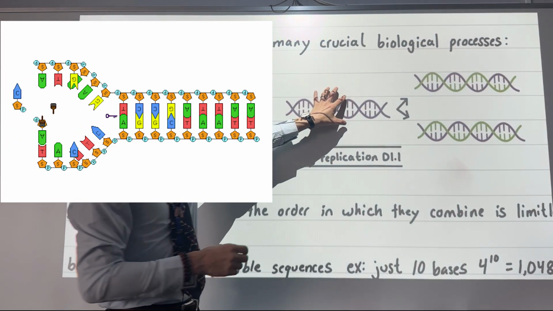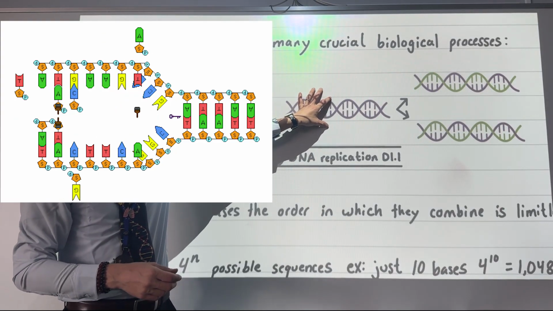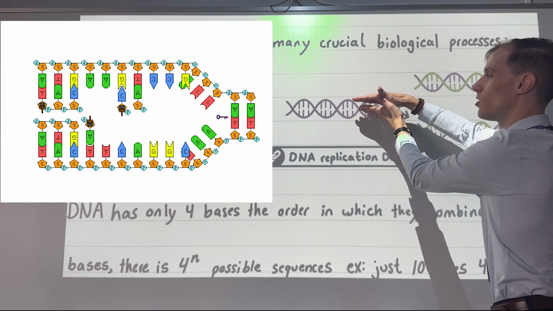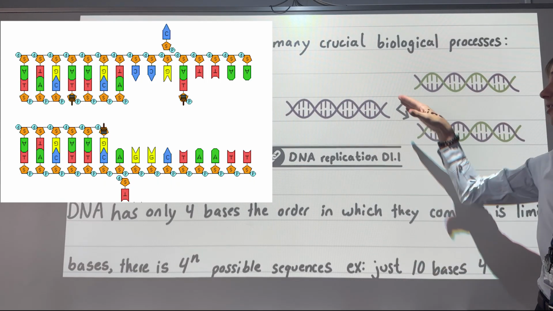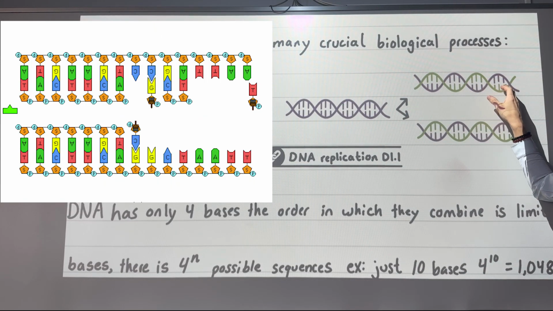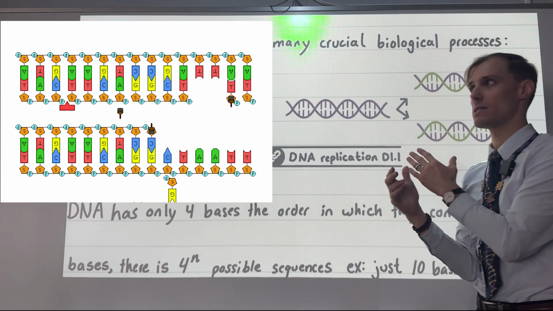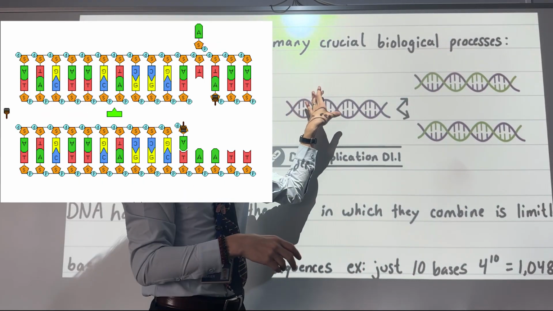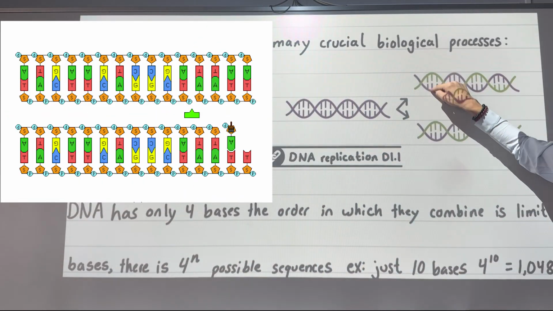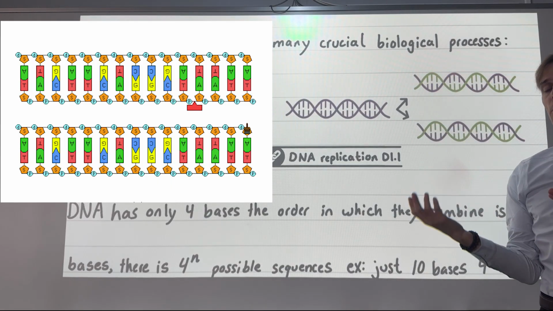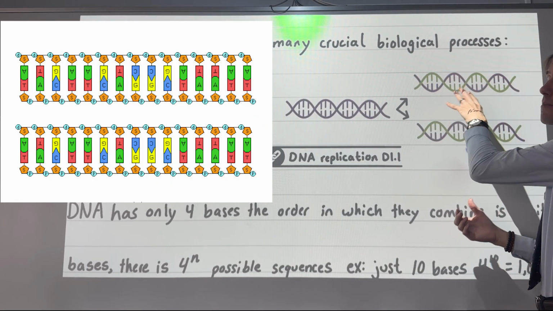So here I have my original, or parent, DNA molecule, and this molecule will split, and each of these strands will act as a template for its complementary daughter strand. Because of complementary base pairing, this code is conserved because I really only need to know one of these strands in order to deduce the other. Without complementary base pairing, this would not be possible.